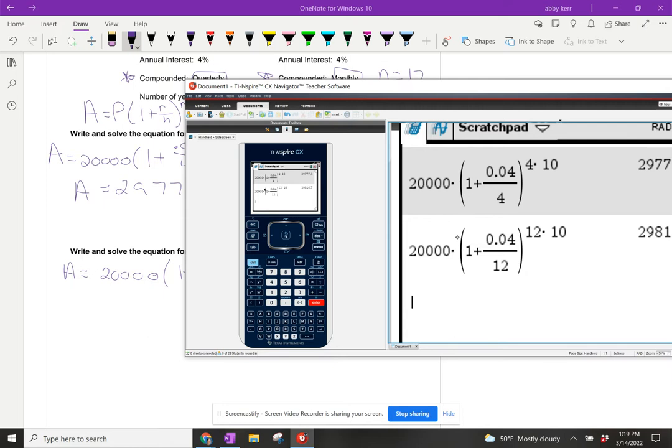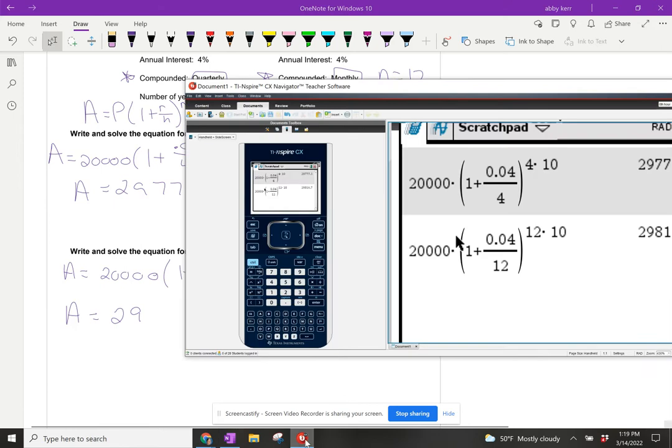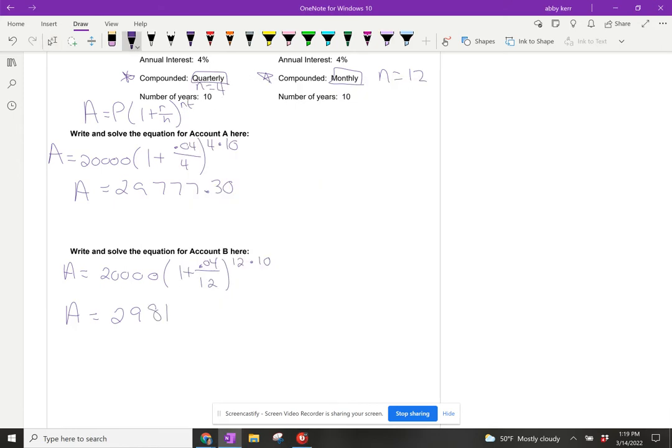And then we have $29,816.70. So just real quick, notice that this is only happening 4 times a year, and this is our amount, and then this is happening 12 times, and then this is our amount.